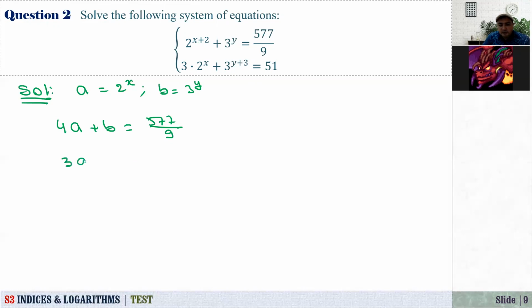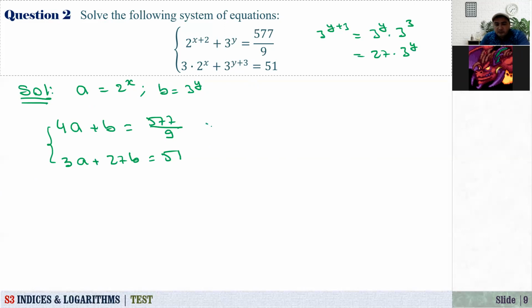The second one is 3a plus 3 to the power of y plus 3, which we can write as 3 to the power of y times 3 cubed. 3 cubed is 27, so that's equal to 27b, and that's equal to 51. So it's just a system of simultaneous linear equations in two variables. How can I solve this? Let me do this by the elimination method.